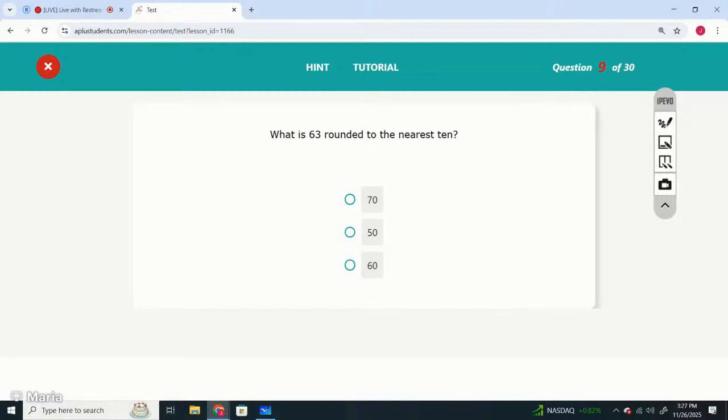What is 63 rounded to the nearest 10? Sixty-three is rounded to, very good, 60.